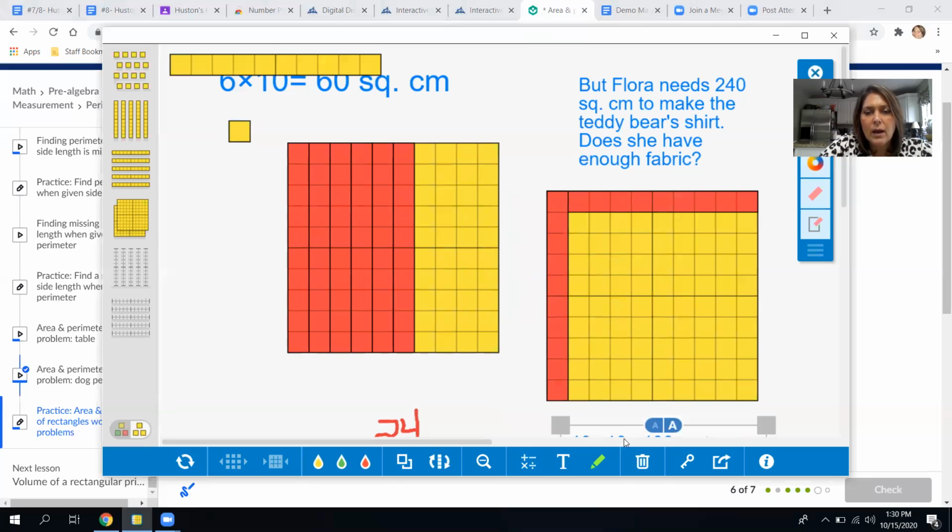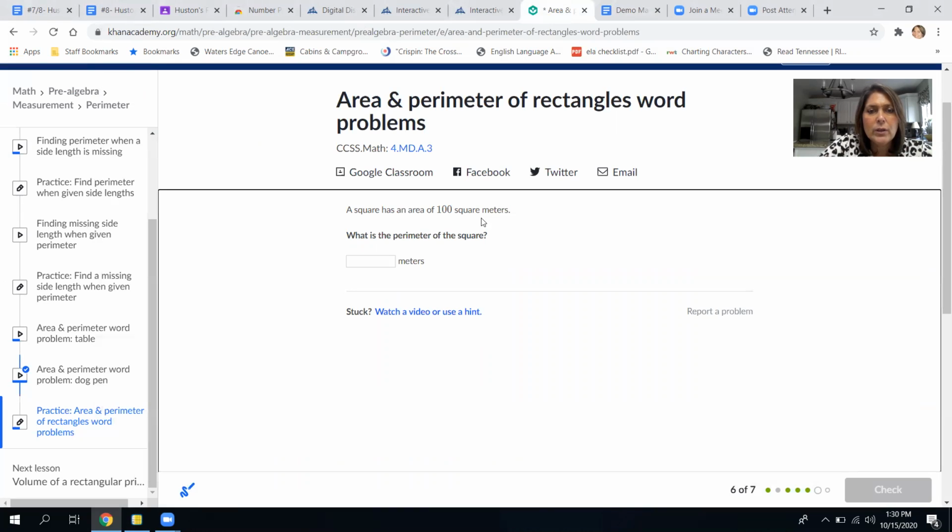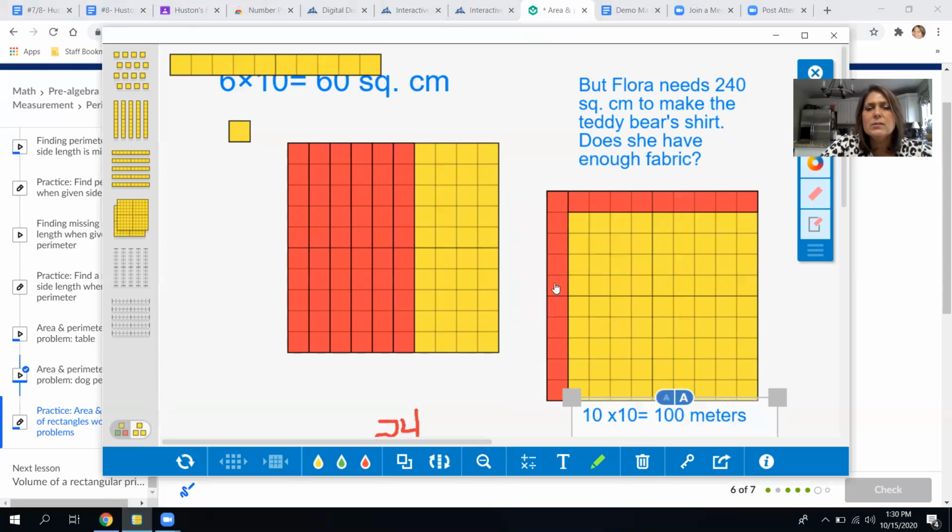If we go back, we know that it is 100 square meters, and we want to know what the perimeter is. So 10 times 10, 100 meters. We do know that that is the area, but how are we going to figure out the perimeter?